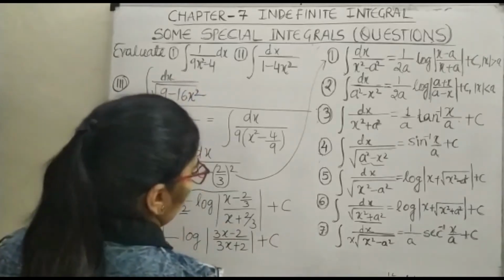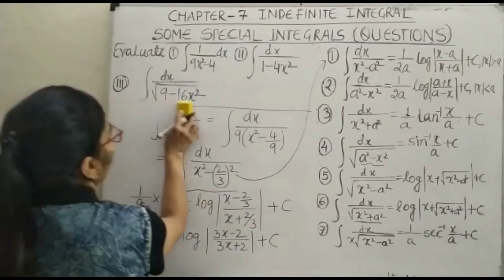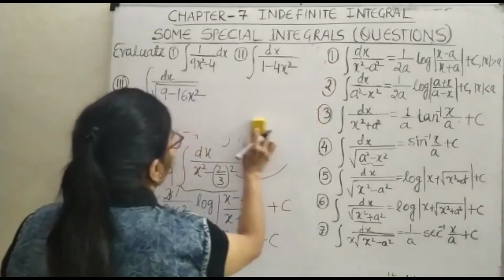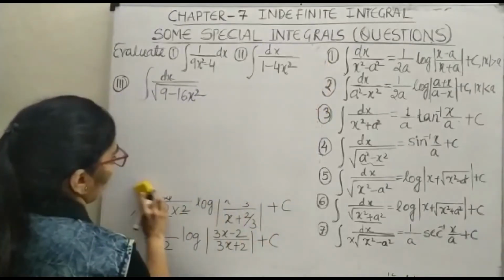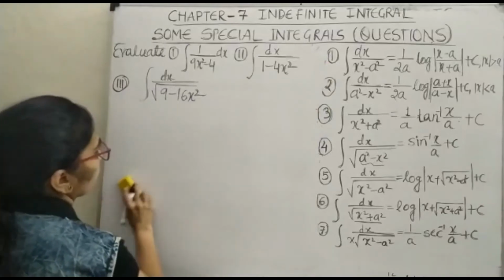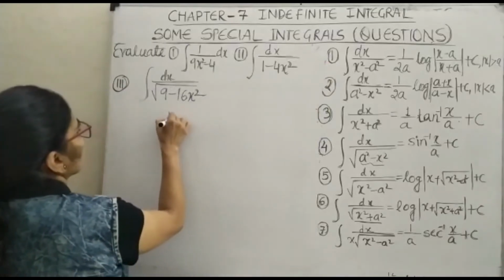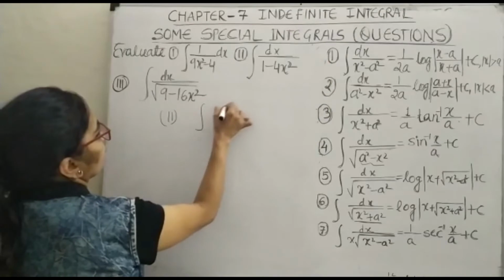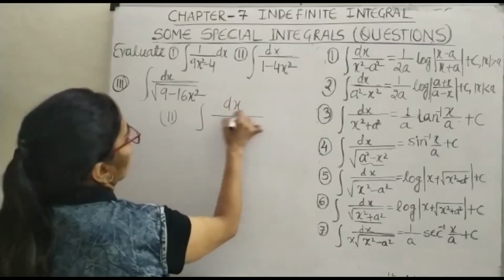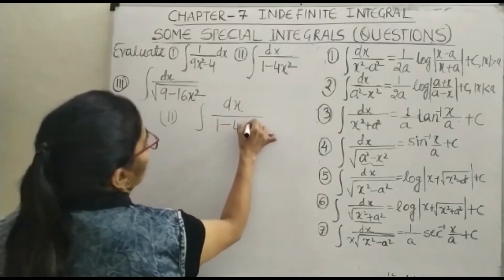Moving on to question number 2. Your question number 2 is integrate dx upon 1 minus 4x square.